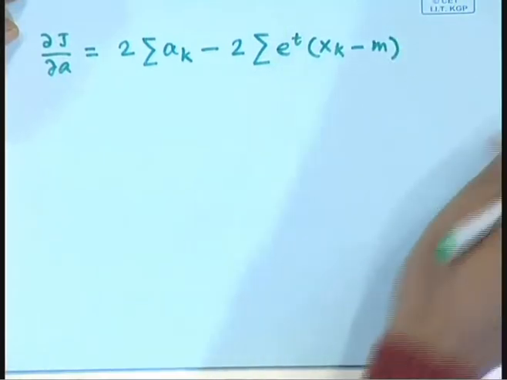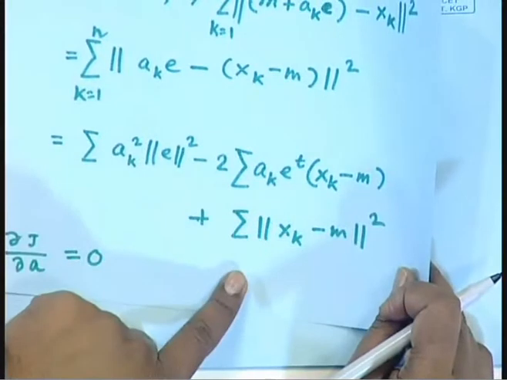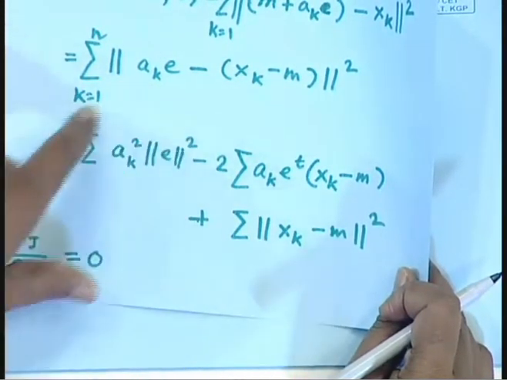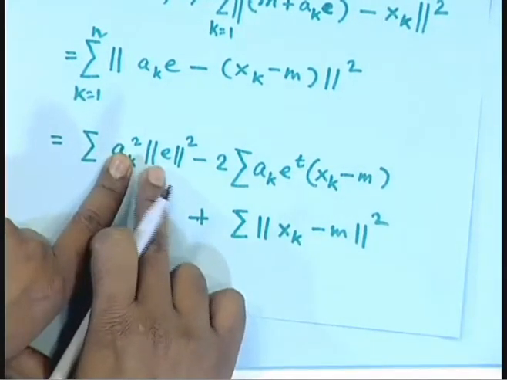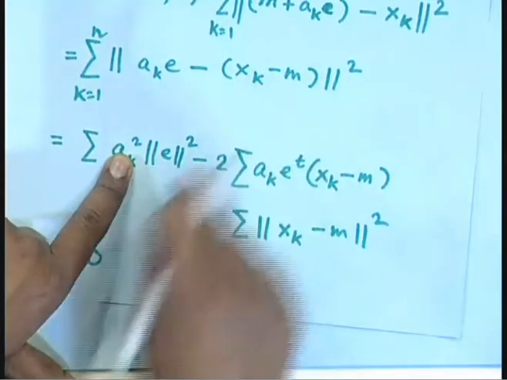Okay. And what I forgot is the mod of E is equal to 1, because it is a unit vector in the direction of the line. So, mod of E is equal to 1.